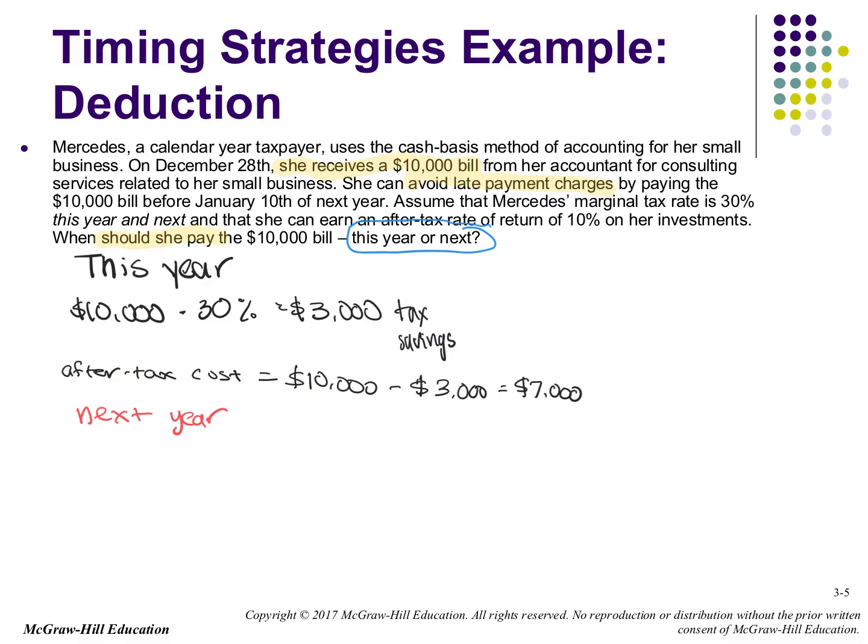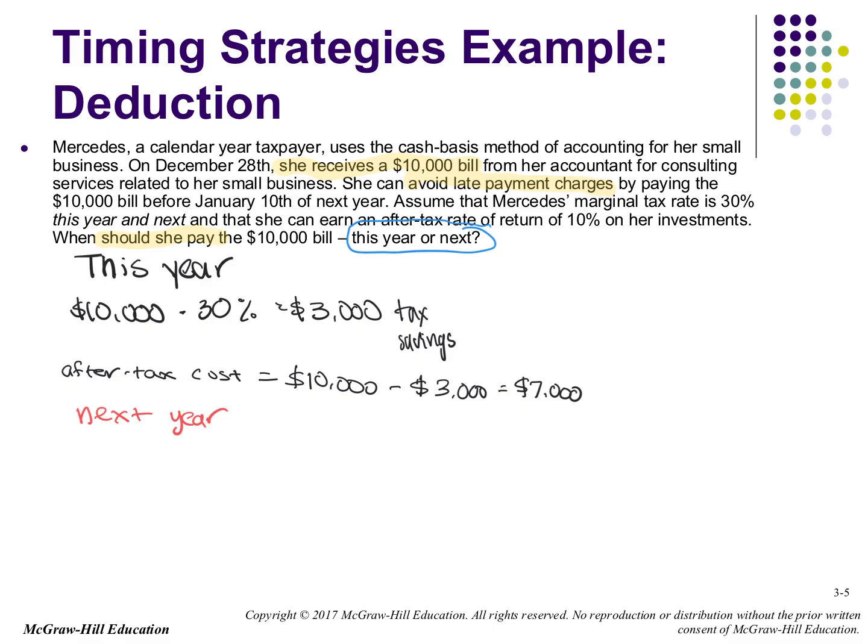Time value of money means that $1 today is not going to be worth the same amount as $1 a year from now, 5 years from now, 10 years from now. And so whenever we make the comparison between this year and next year, we try to convert everything to the present value so that we're comparing apples to apples.